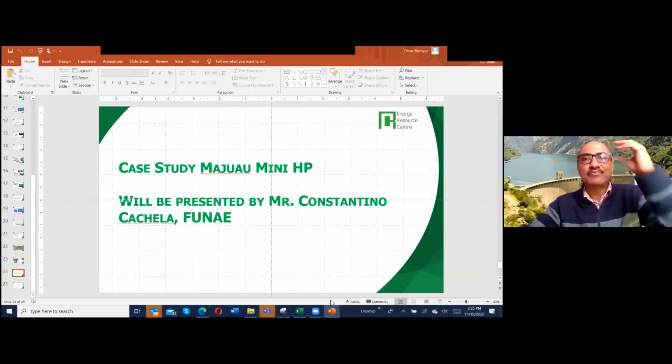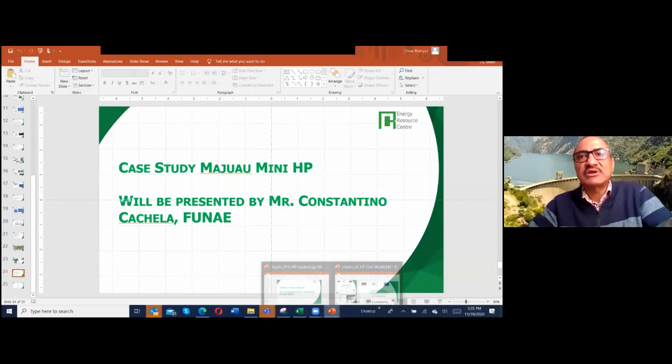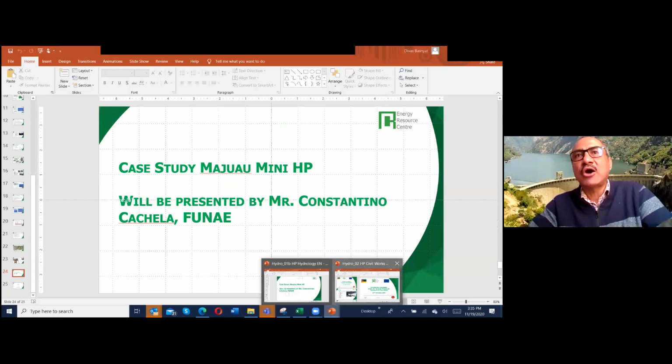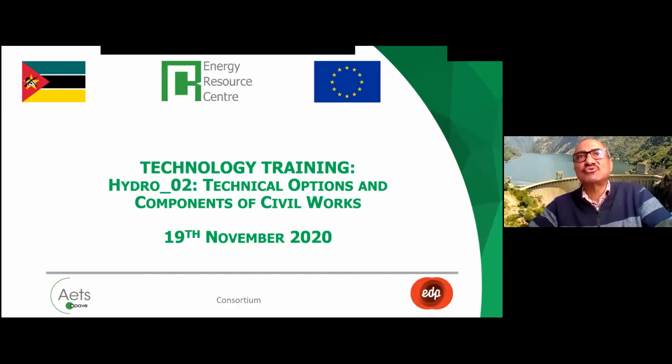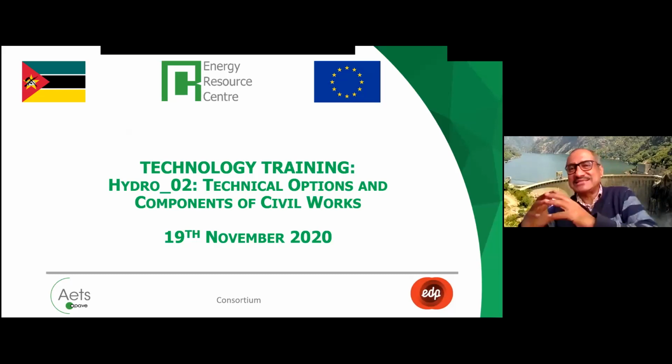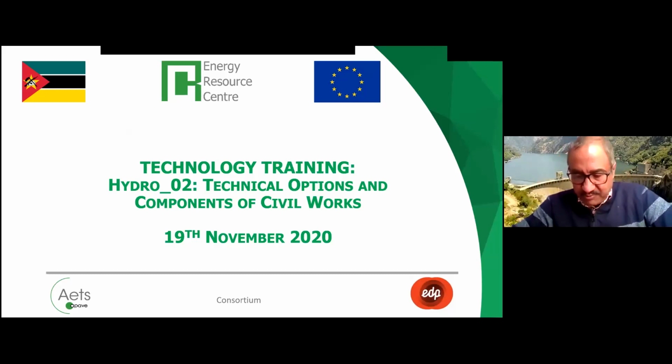Okay, now what I would like to do is move on. I'm running a little behind time, so I will go quickly. I would like to start with the introduction of some of the components of civil works. In this part, we have about half an hour remaining, less than 20, let's go up to 12:15.